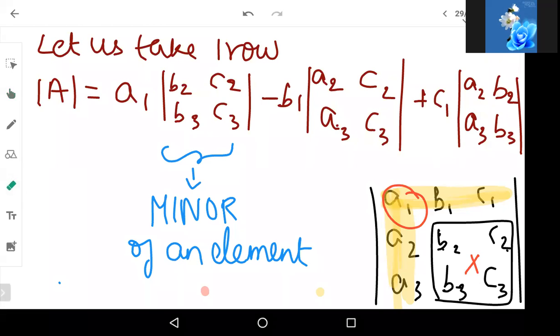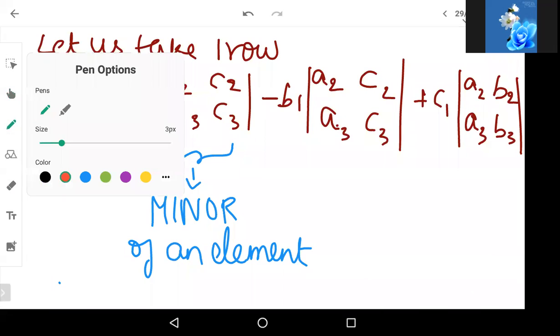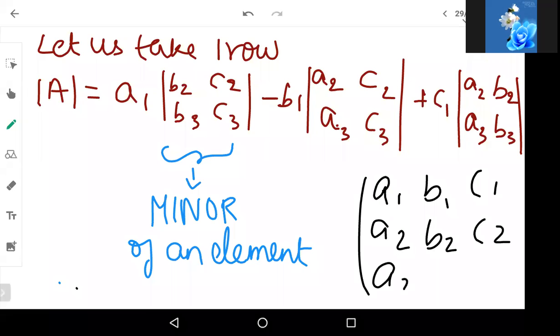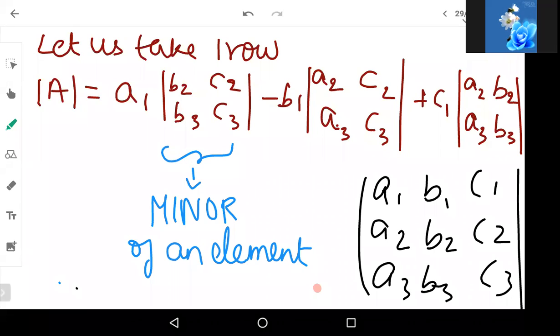Now let us do the same thing for B1. Okay, so the next one: same A1 B1 C1, A2 B2 C2, A3 B3 C3. In the same thing, now I am going to consider B1.